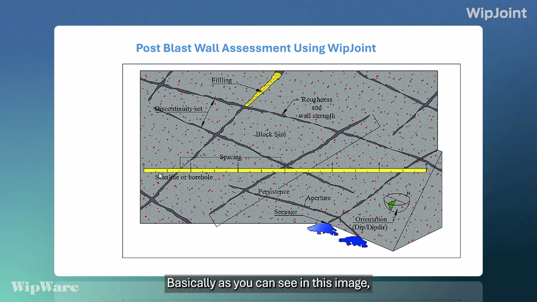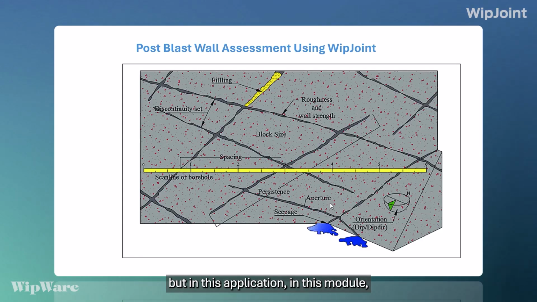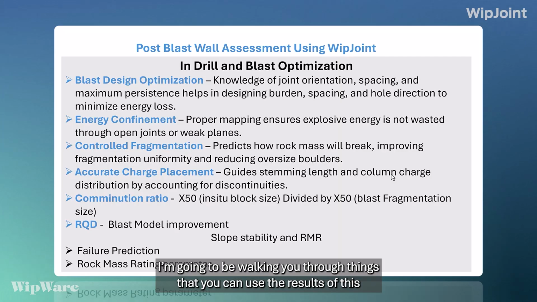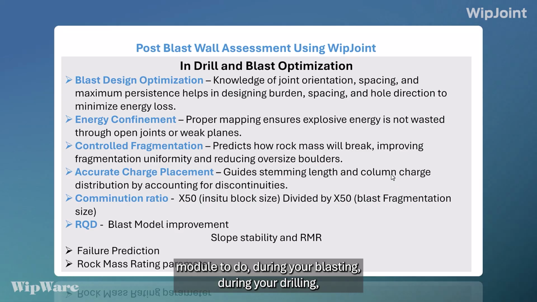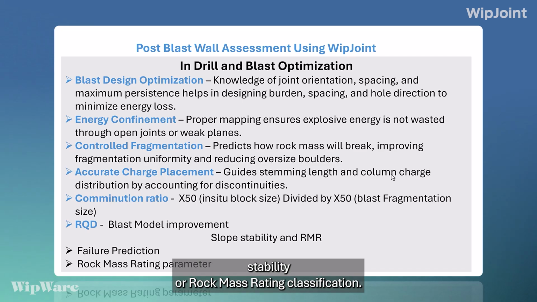In this image, a scan line approach is being used. There is another approach called window mapping, but in this module I'm going to walk you through things you can use the results for during your blasting, before the drilling operation, or for slope stability or rock mass rating classification.